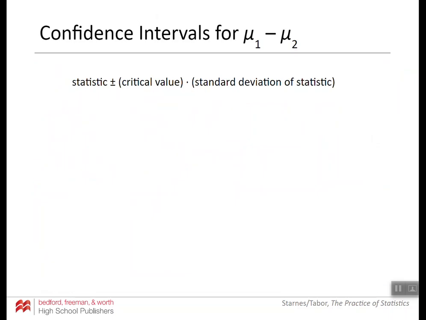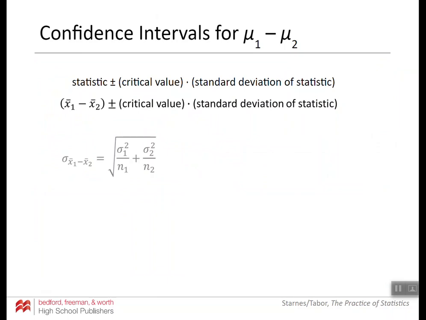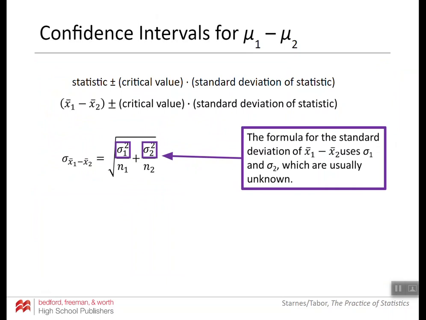Confidence intervals are going to be set up the same way that they always are. Statistic plus or minus the critical value times the standard deviation of the statistic. In this case, our statistic is x bar 1 minus x bar 2. Now, the formula that we had used for standard deviation refers to the standard deviation of the population, which is typically not known.